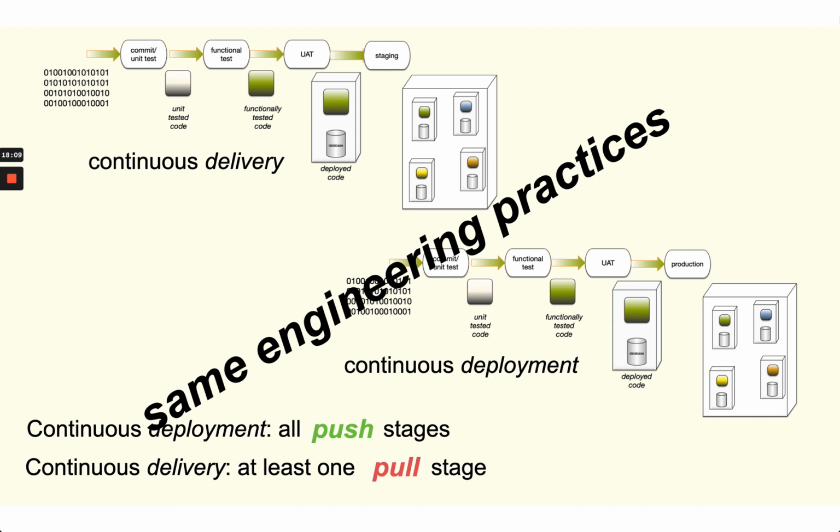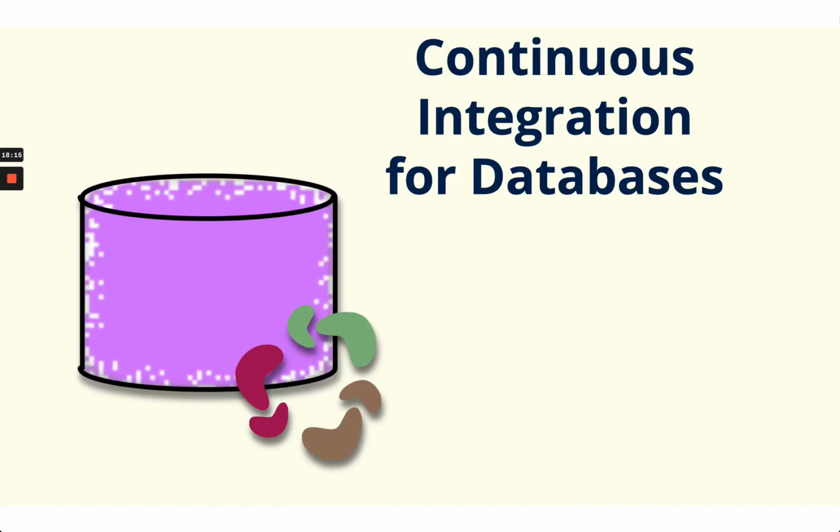Now, up until now, we've only been talking about code, but databases have to join this party as well. And this is something that in the very early days of Agile software development, this is a big, big headache and sticking point. And in fact, I credit my colleague, Pramod Sadalge, for fighting the good fight here and convincing people that all of these Agile practices do in fact work for relational databases, just like they do for source code.